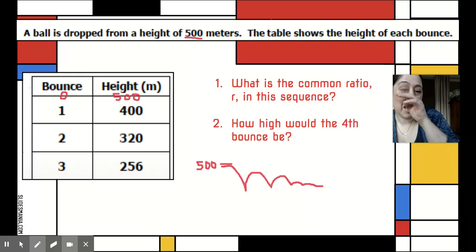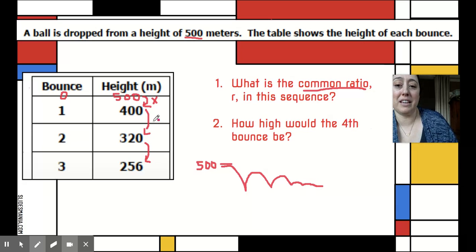Okay. So now what is the common ratio? Now here, 500 times what gives me 400? I don't know, right? 400 times what gives me 320, right? 320 times what gives me 256. So do you guys have any idea how I might find that?